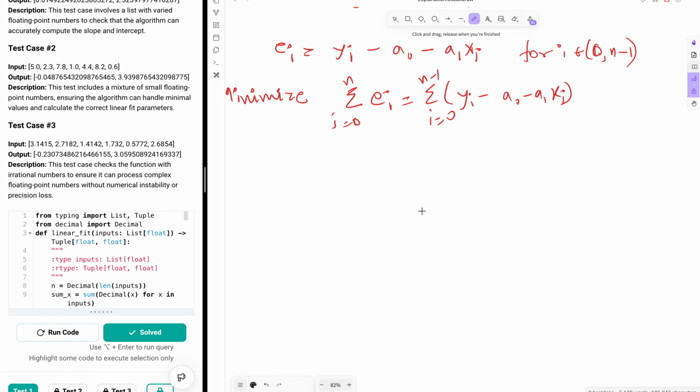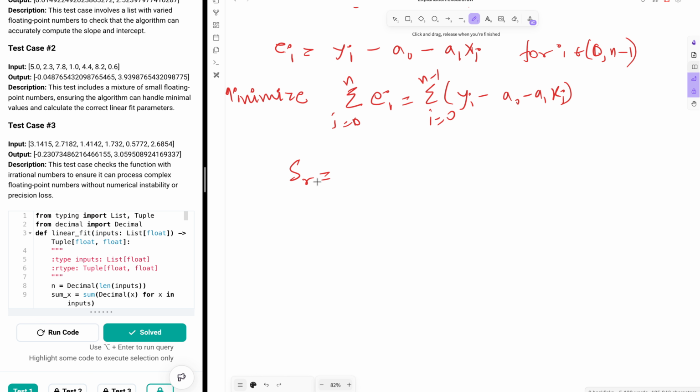Now all we need to do is find how we can minimize this error function that we are going to have.